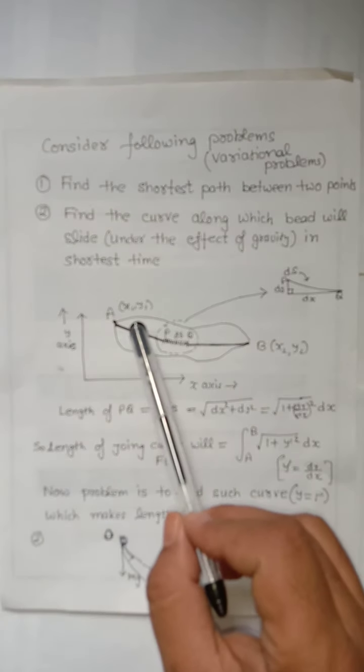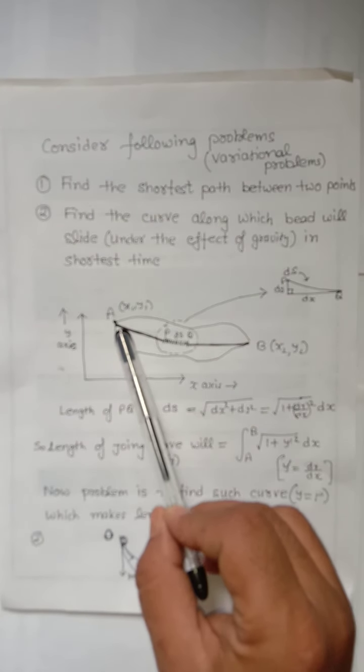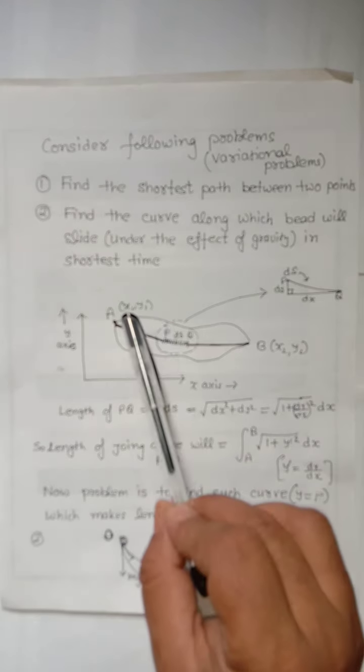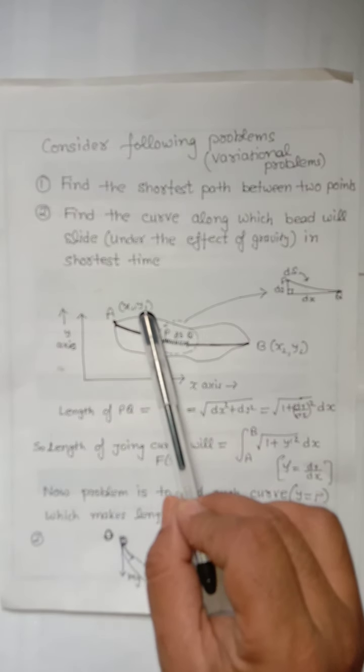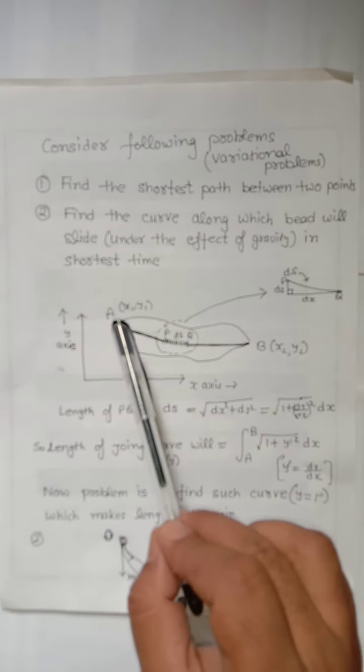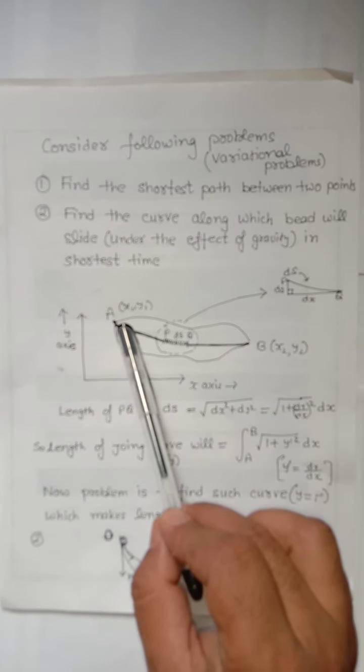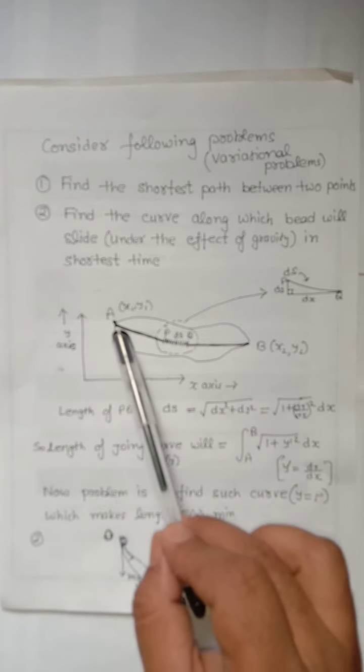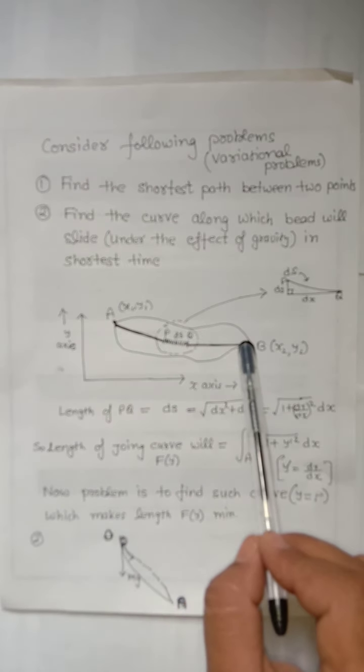In this problem, we have 2 points A and B having coordinate points x1, y1 and x2, y2 respectively. We can draw many curves joining these points.